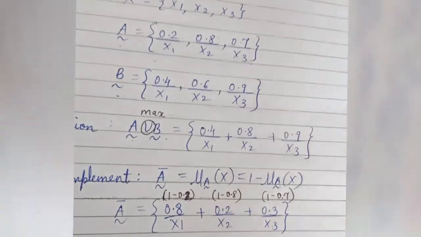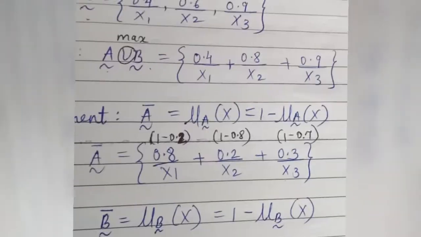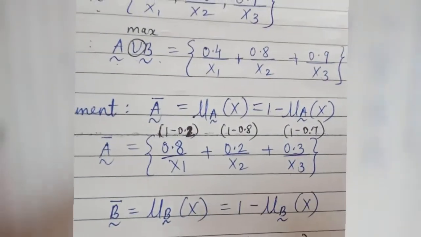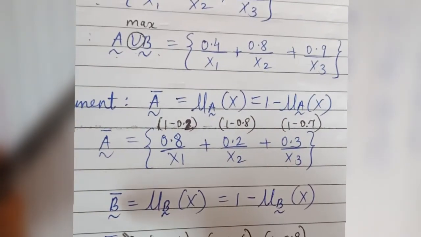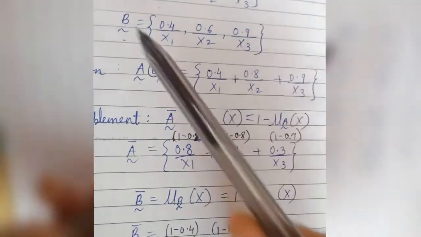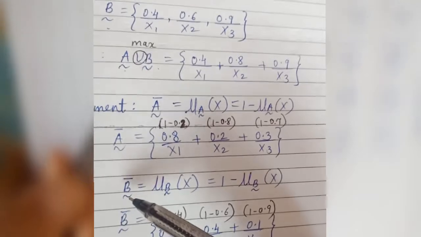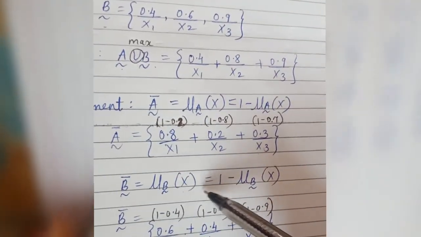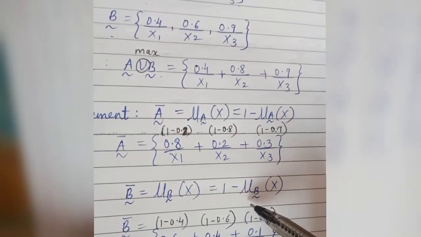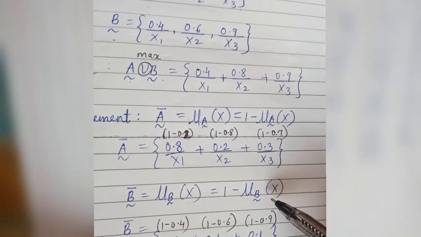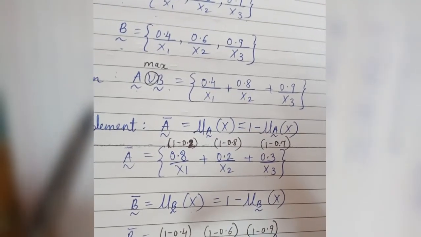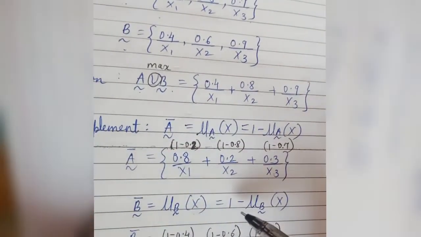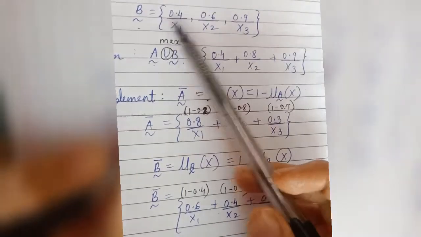Now let's find B complement. To find B complement, consider set B. B complement can be written as mu B bar of x equals 1 minus mu B of x. So similar way we have to calculate as we did for A complement, subtract each element of set B from 1.